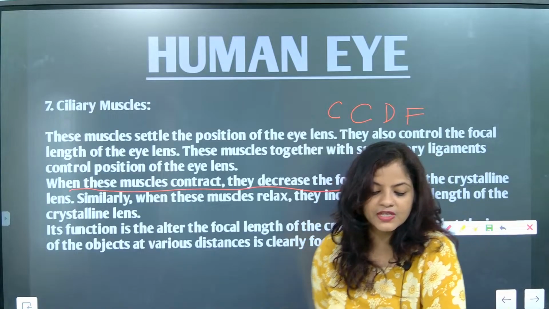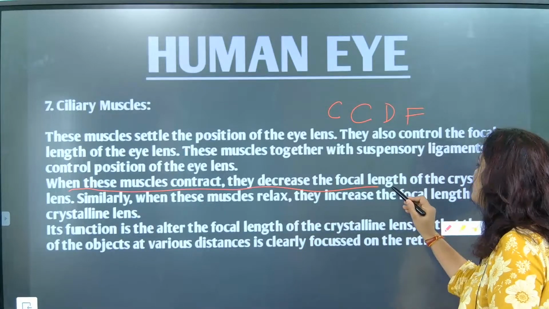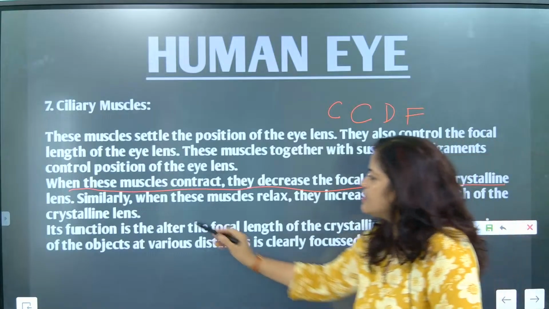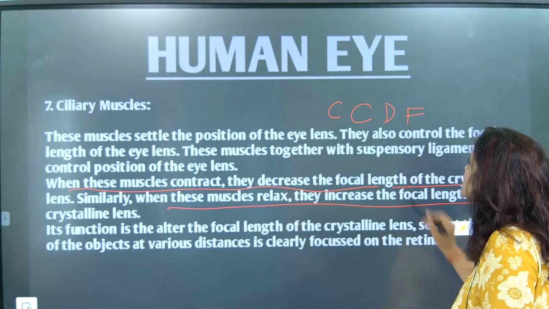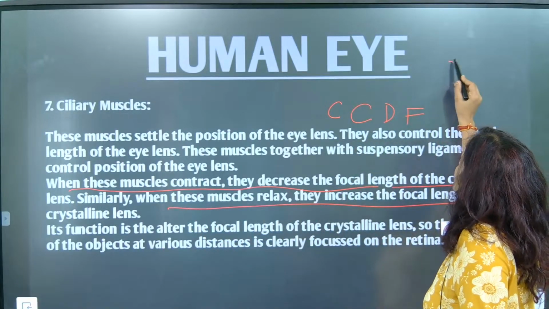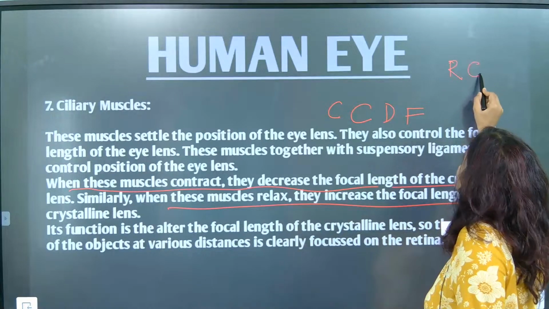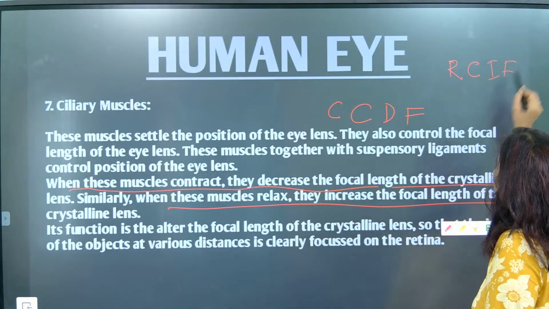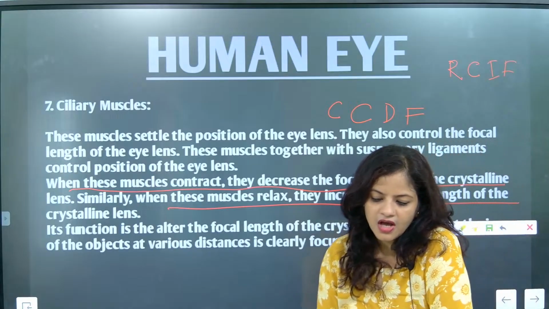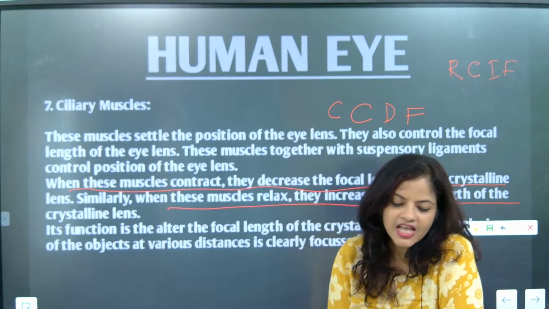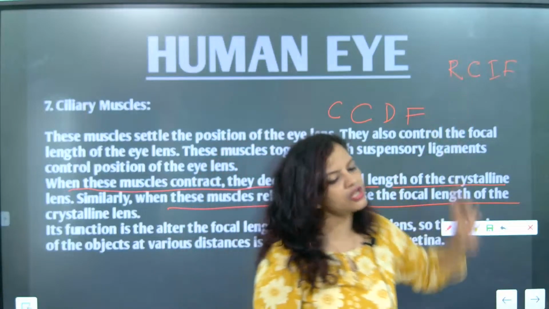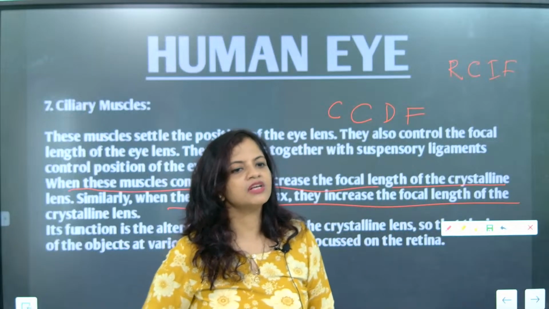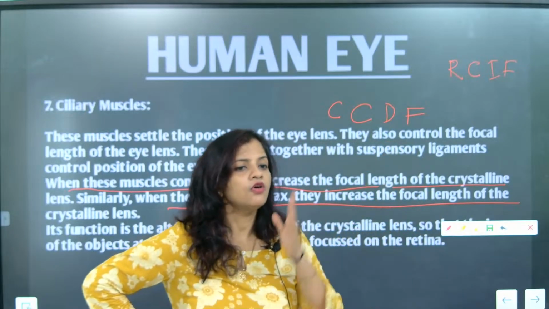So now, if focal length is decreased by contraction, similarly when these muscles relax, relaxation of ciliary muscles will increase the focal length. RCIF: relaxation of ciliary muscles increases the focal length.